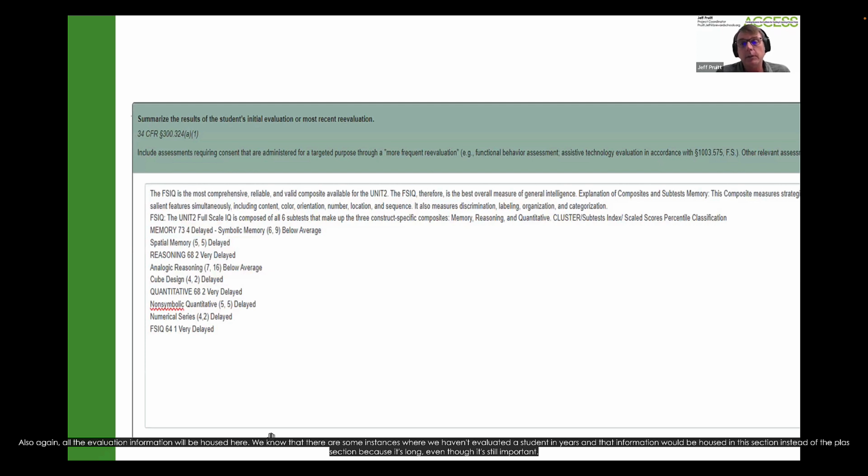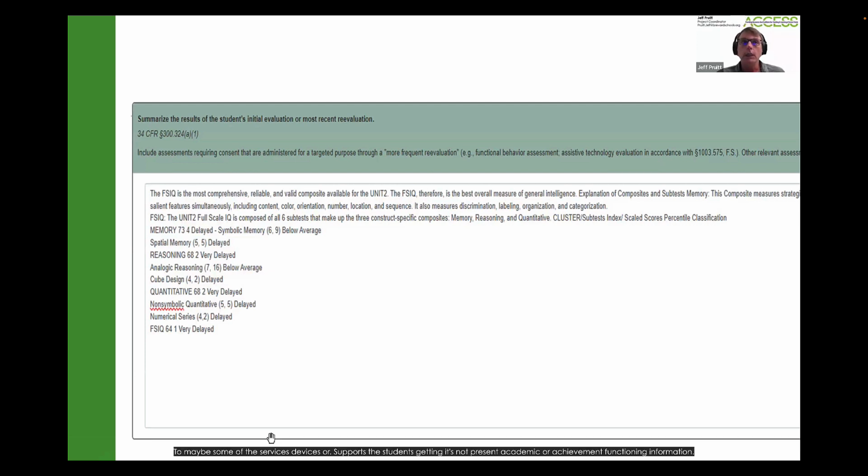We know that there are some instances where we haven't evaluated a student in years, and that information would be housed in this section instead of the PLAF section because it's long, even though it's still important to some of the services, devices, or supports the student is getting. It's not present academic or achievement functioning information.